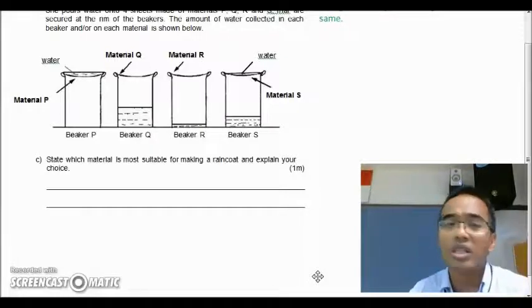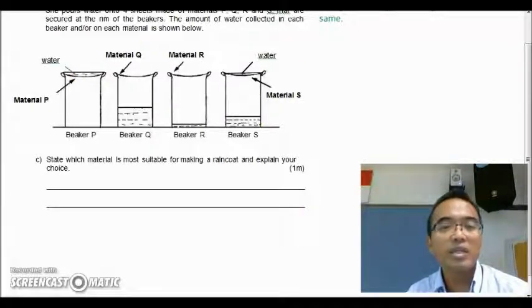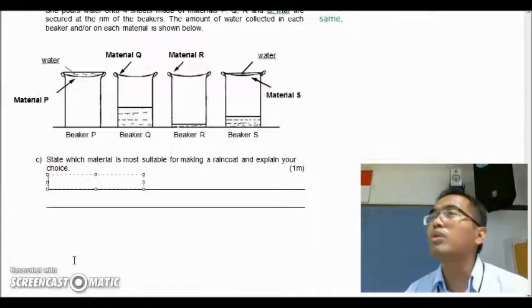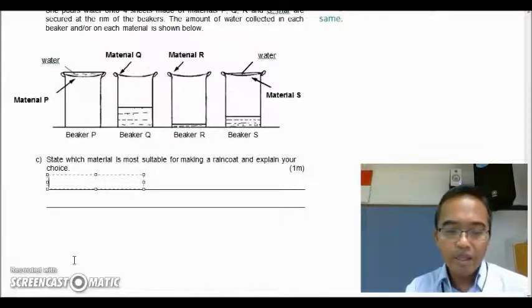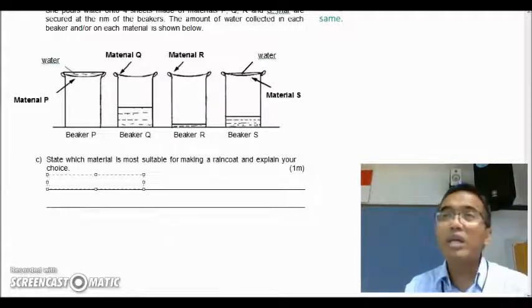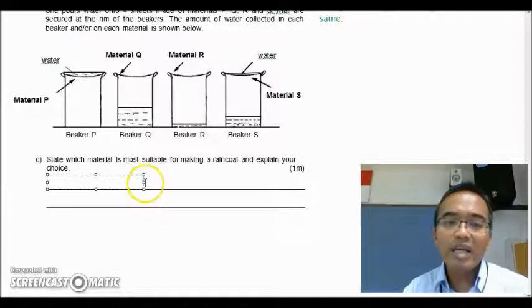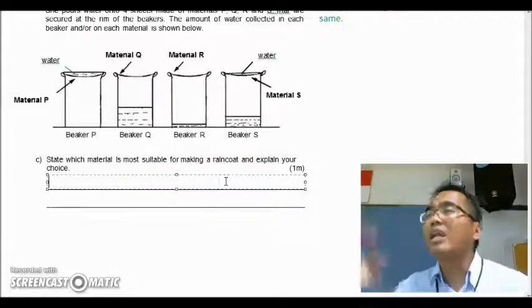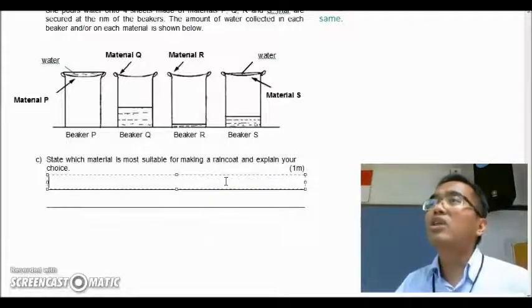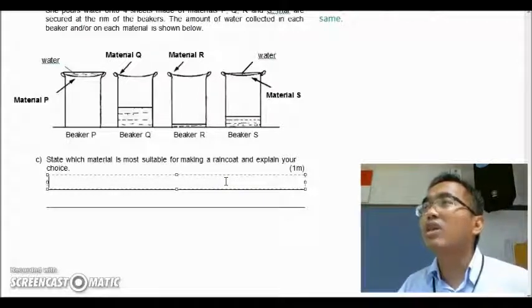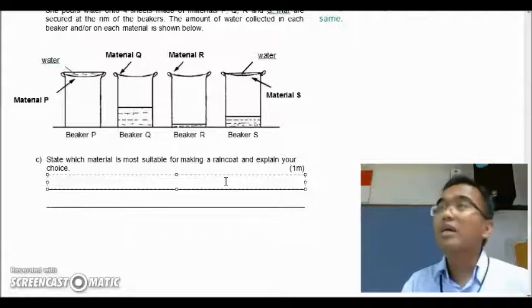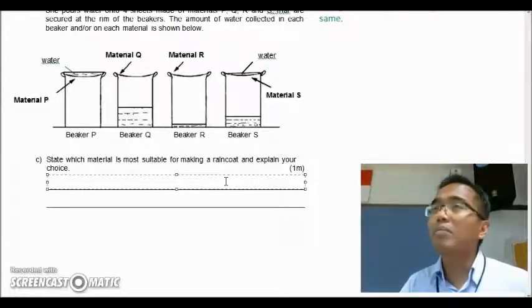It's been Krivinesh and Janelle just now. Somebody else, can you tell me why material P is the most suitable? It does not allow water to pass through. Very good, Martin. There's nothing stopping you from giving a more lengthy explanation, as long as your explanation is not wrong. You can be clearer and you can get marks.